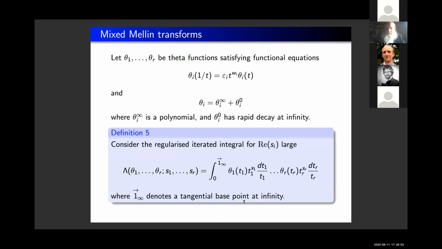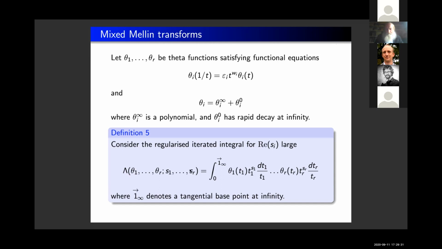Okay, so what's the definition of a mixed L function? We're going to take now a bunch of theta functions, theta 1 up to theta r, and we assume they satisfy a functional equation like this, and that they can be decomposed into an infinite part, which is just a polynomial in t, and the rest, which is going to go to 0 exponentially fast at infinity.